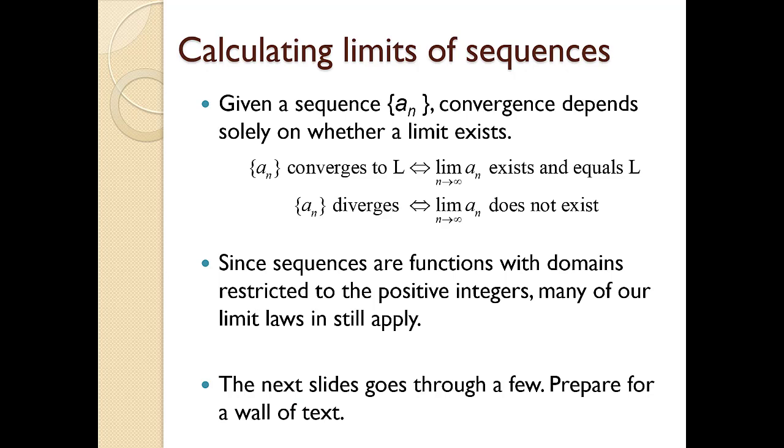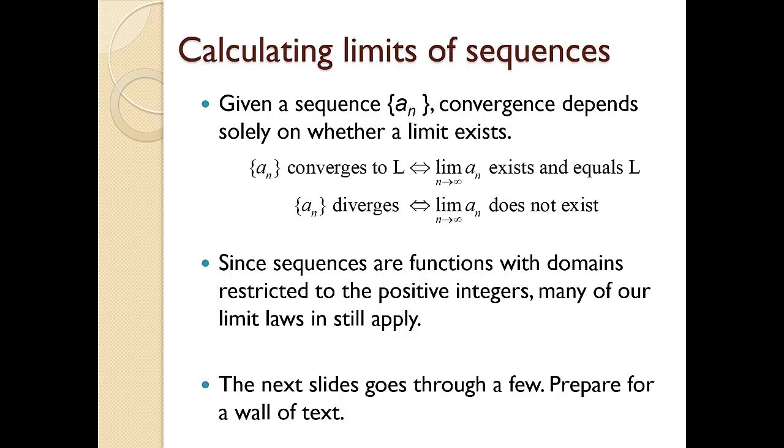Now, given a sequence, its convergence depends solely on whether the limit exists. So if we say the sequence converges to L, that's the same as saying the limit of the sequence exists, and that limit is L. If we say the sequence diverges, that's the same as saying that the limit of the sequence just does not exist.